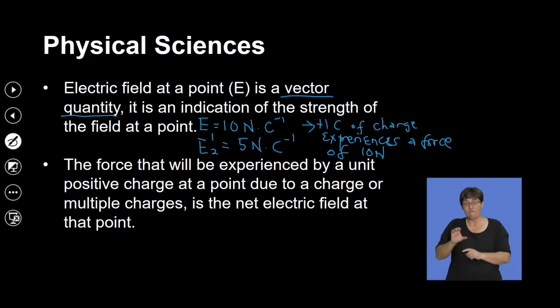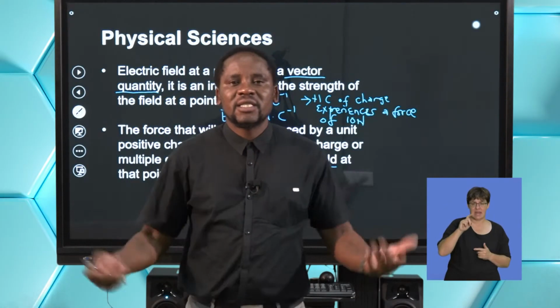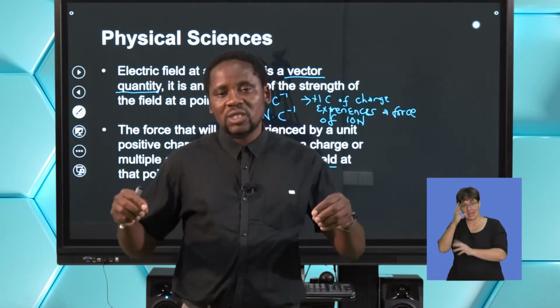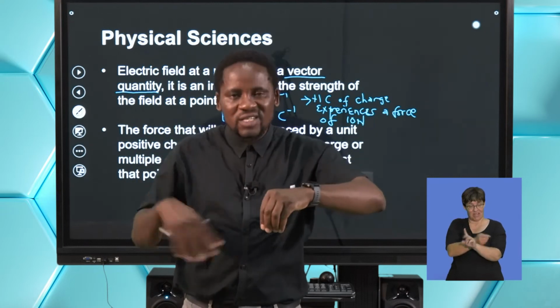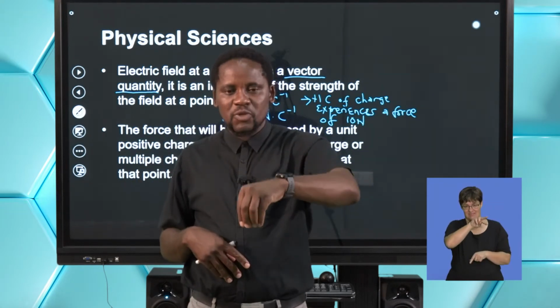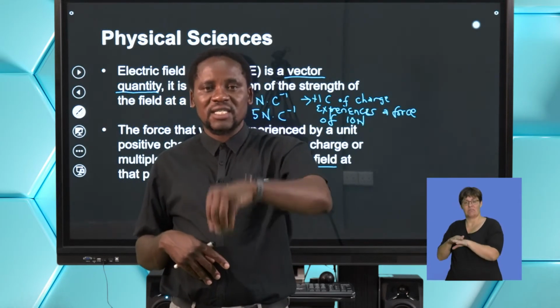Now, the force that will be experienced by a unit positive charge at a point due to a charge or multiple charges is the net electric field. So we are emphasizing the big idea around net electric field at a point. We identify a point in the field of more than 1 charge. Now, there are multiple charges exerting a force on the unit positive charge at that point.